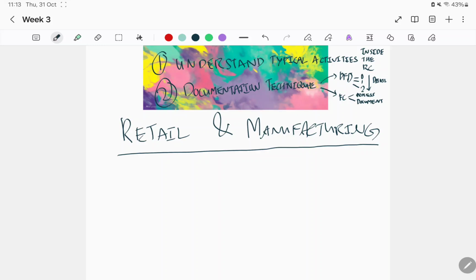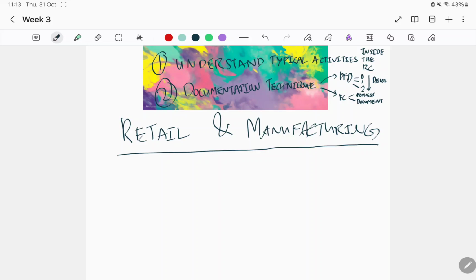Shops in the Queensbay Mall or in the supermarket wouldn't have a long process.